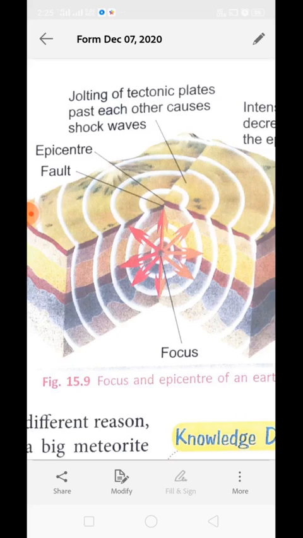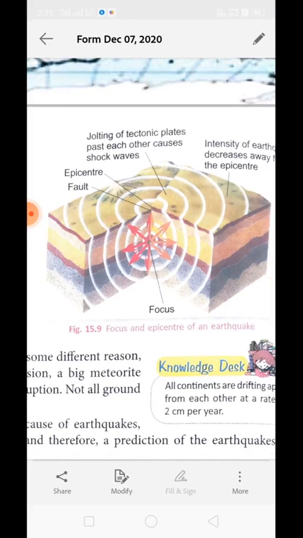The area of stress in the earth where broken rocks slide past each other, causing cracks in the earth's surface, is called a fault zone or seismic zone. Okay, the area of stress in the earth where broken rocks slide, meaning all the area which is feeling the waves of the earthquake, is known as a seismic zone. Clear?